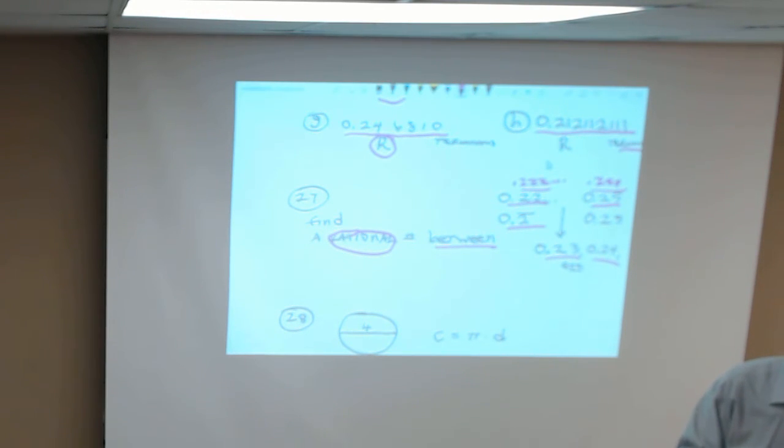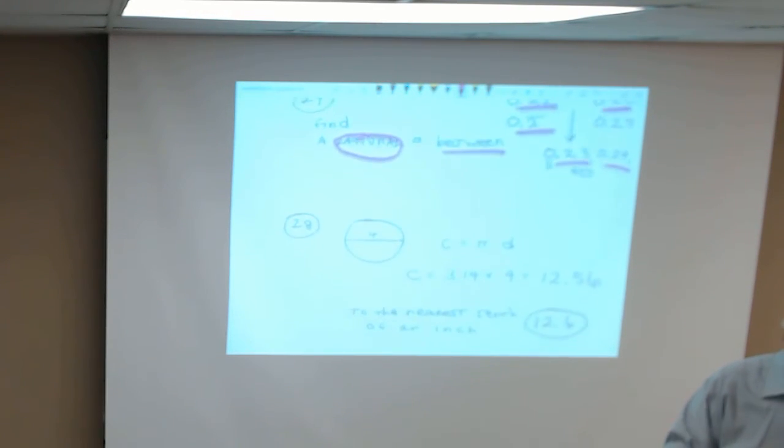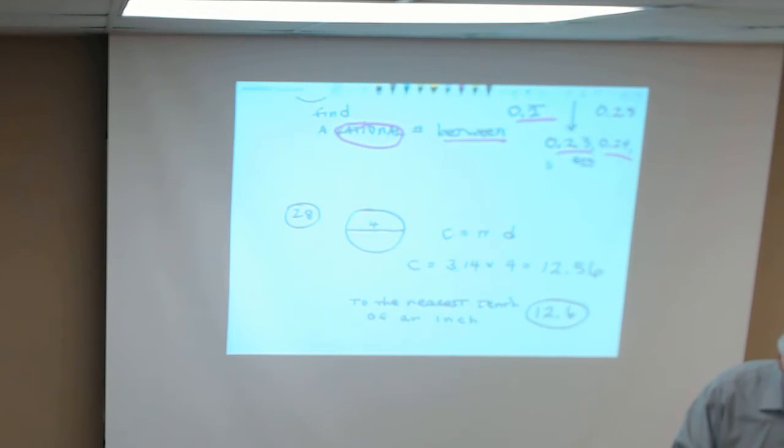So let's go to 28. What does 28 say? The diameter of a circular hamburger is 4 inches. So I drew a hamburger here and put the diameter in there. And what does 28 want to know? What's the circumference of the hamburger?